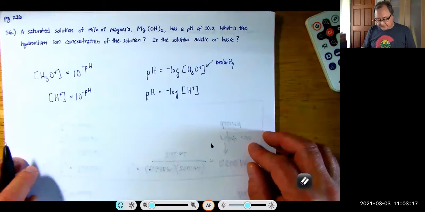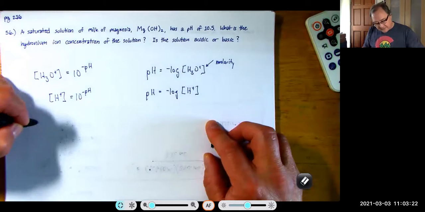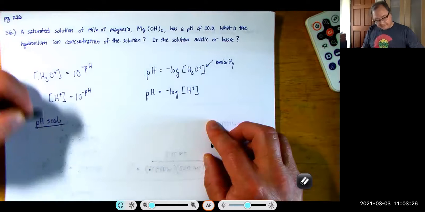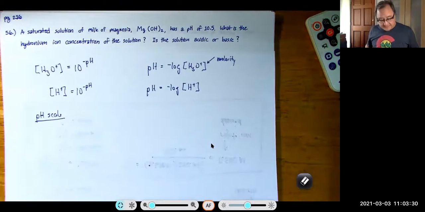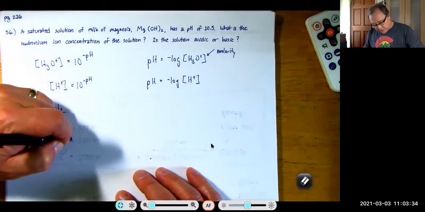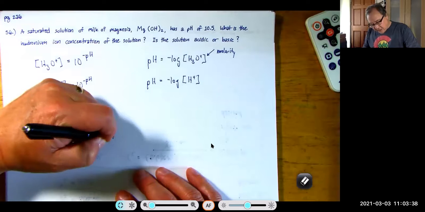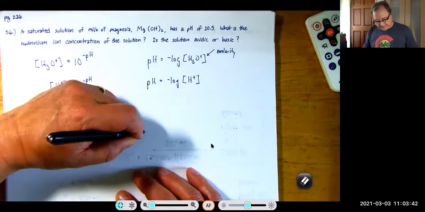All right. Now, the other thing that we need to know is the pH scale. And you need to memorize this. On the pH scale, 7 is what's considered to be neutral. And that's because the proton concentration is equal to the hydroxide ion concentration.